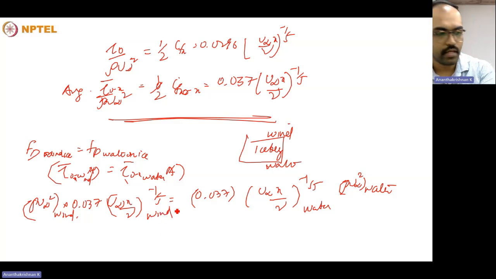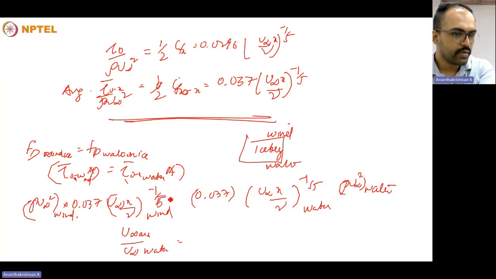So we actually club the terms that we want. We want u infinity air divided by u infinity water, that is a relative velocity itself, it's to the power of -1 by 4. If you take the power of 5, it will be 10 minus 1, it will be 9.